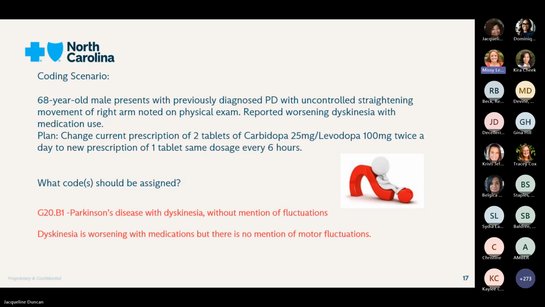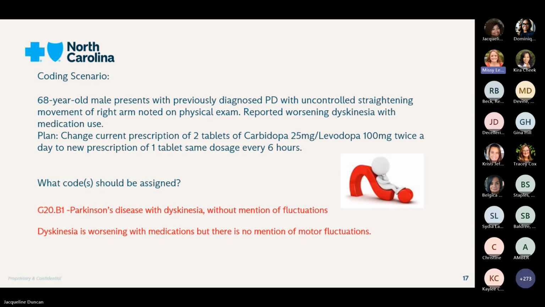The code that should be assigned is G20.B1, Parkinson's disease with dyskinesia without mention of fluctuations. Dyskinesia is worsening with medications, but there is no mention of motor fluctuations.